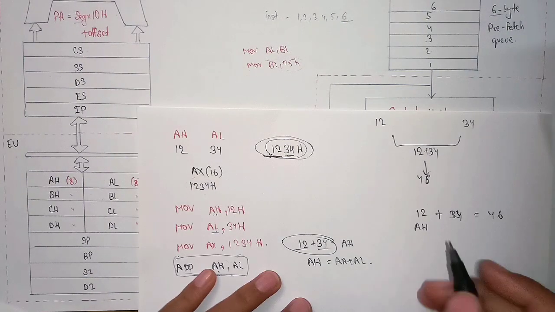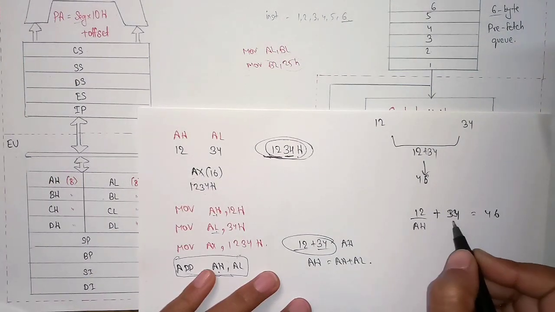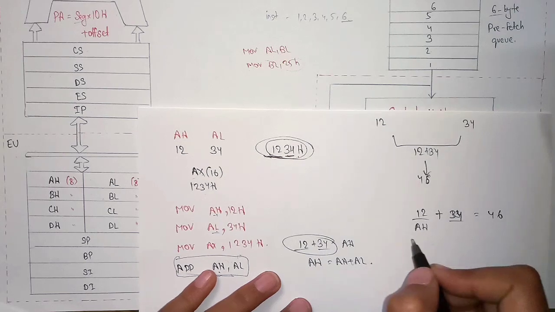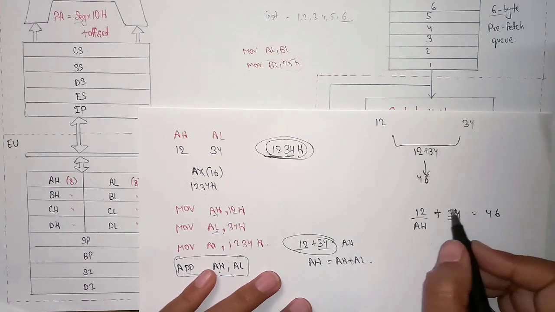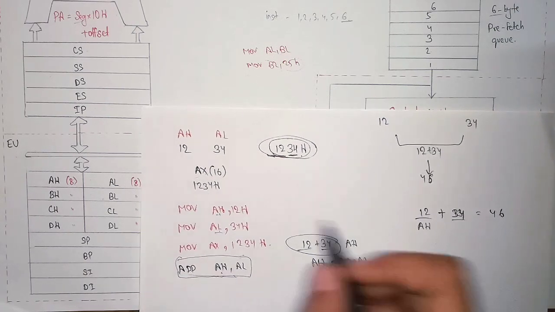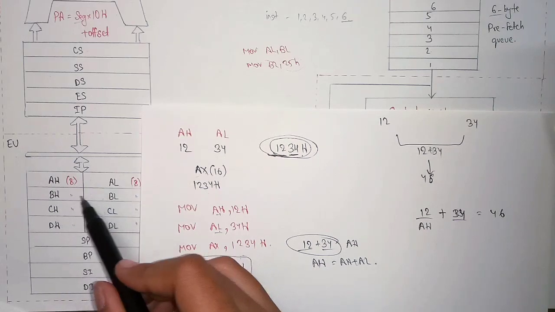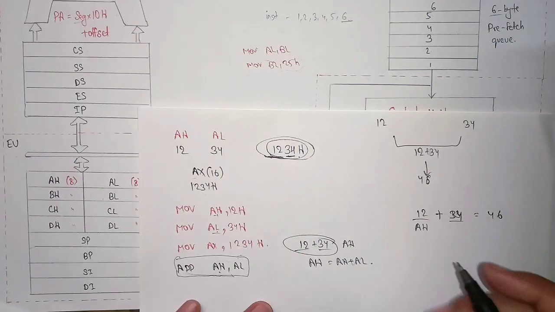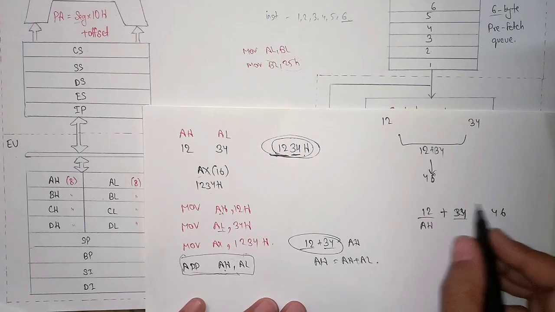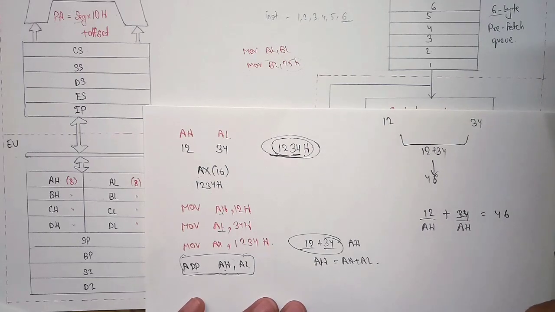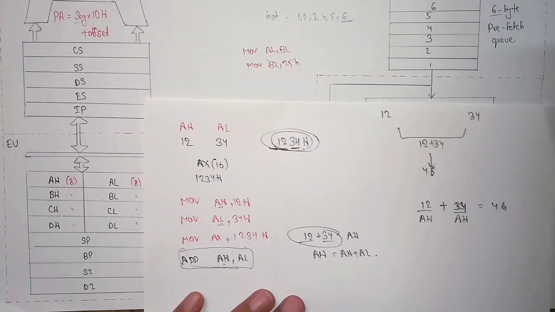Now let's discuss something interesting. This is in AH and this is also in another register, that is AL. Now I can store this in AL, BL, CH or CL, in all other registers except the AH. Again, now if I want to perform this same operation using AH only, will it get done? Let's see.